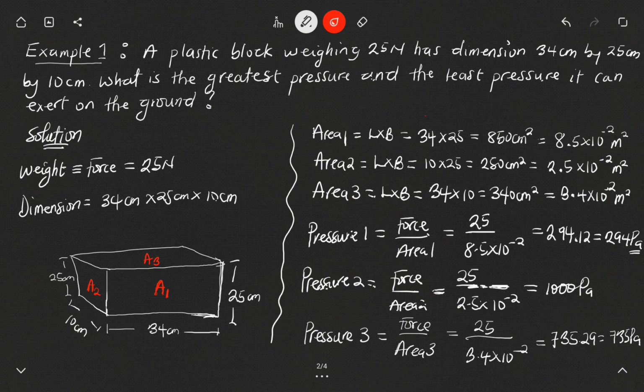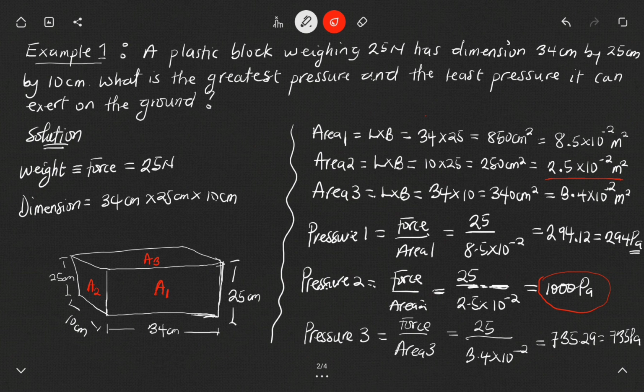So we realize that the greatest pressure is the 1,000 Pascal, and that is exerted by area 2, which has the area 2.5 times 10 raised to the power minus 2, which is literally the smallest area over here. So we say the smaller the area, the higher the pressure. It makes sense that because the area is very small, it will exert the highest pressure.